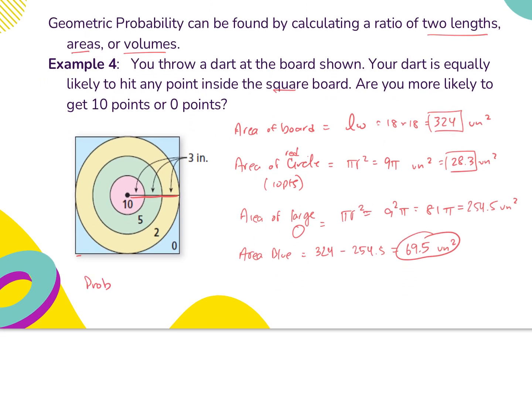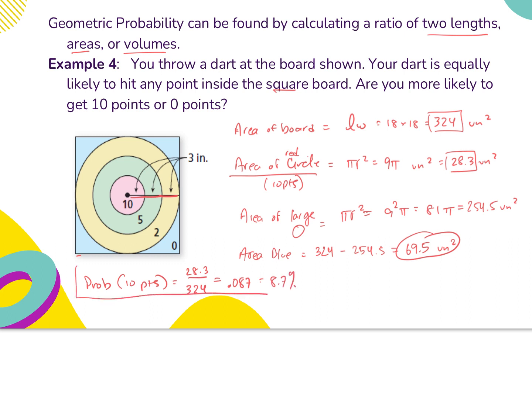So the probability of getting 10 points, which is the probability of landing in the red circle, is 28.3, the area of the red circle, over 324, which is the entire square. So that equals 0.087 or 8.7%.